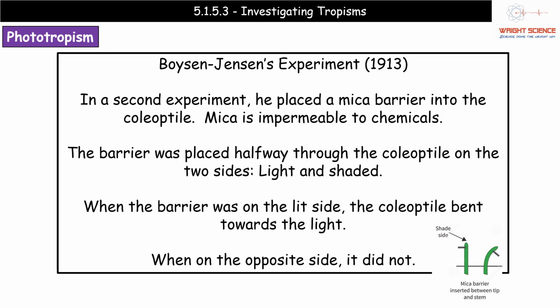So what we could then observe by having that unidirectional light is that when the mica barrier was placed on the lit side, then the plant still bent. When it was placed on the shaded side, it didn't, it grew vertically. So from this, we can actually conclude that the chemical that is being produced in the tip is diffusing down the shaded side of the plant, because if mica is a barrier to chemicals and on the shaded side it doesn't bend, clearly it's stopping a chemical moving down that side of the plant.